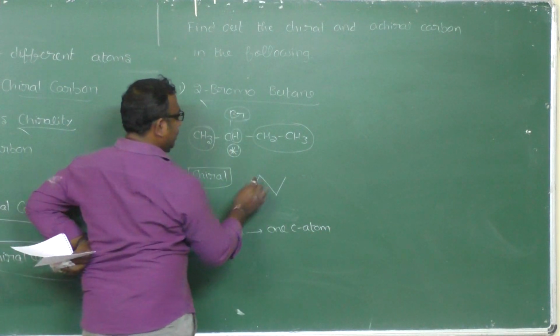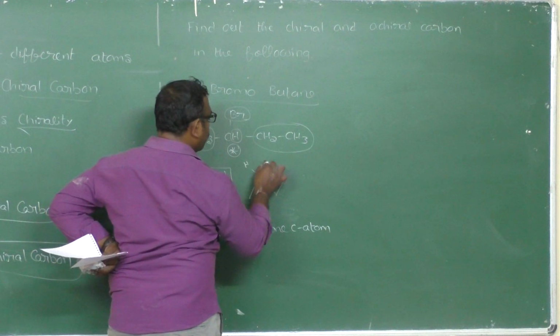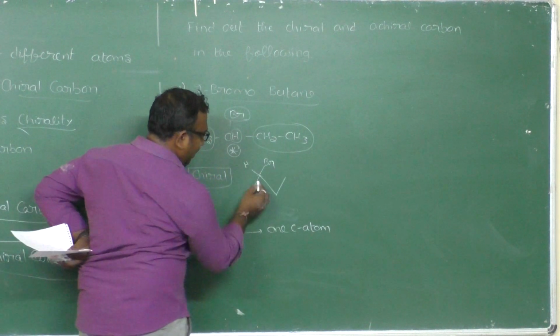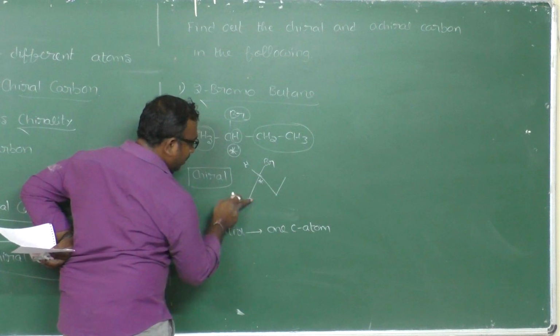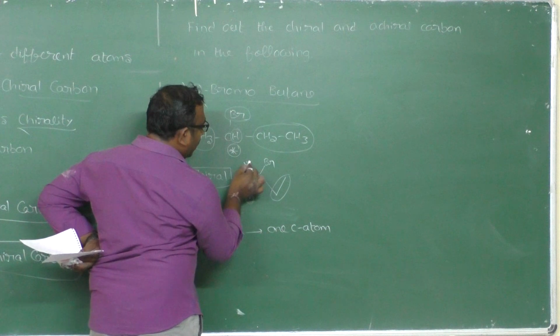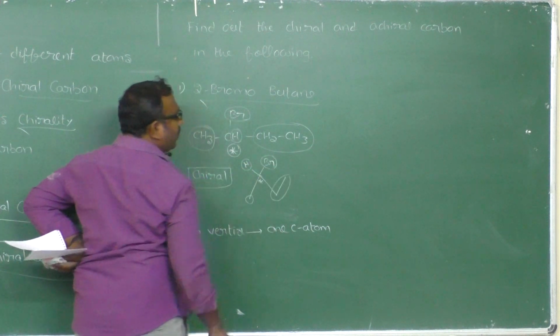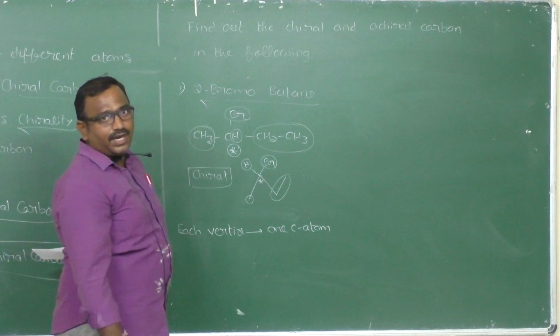It is CH3. On the second carbon, a hydrogen atom and a bromine atom are present. Around this carbon, one carbon is present on one side and two carbons on the other, and it contains one hydrogen atom and one bromine atom. So it is a chiral carbon.